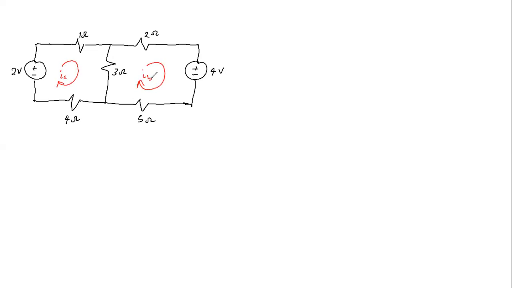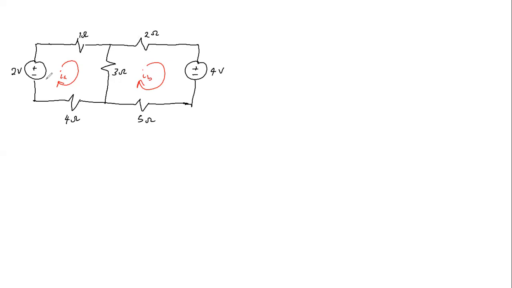And afterwards, we want to write KVL around the meshes. But recall that the mesh currents in this case are strictly used for analysis. So they may not be in the same direction as the actual current flow in the circuit. So we must not confuse them, okay?